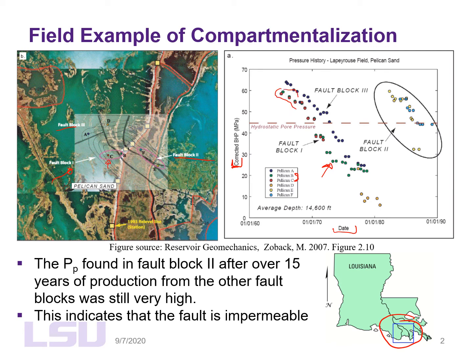They all follow similar trends, right? So that will indicate that they are actually in hydraulic communication. So this fault right here is not sealing, definitely within this region. If it were sealing, they would have different pore pressures.